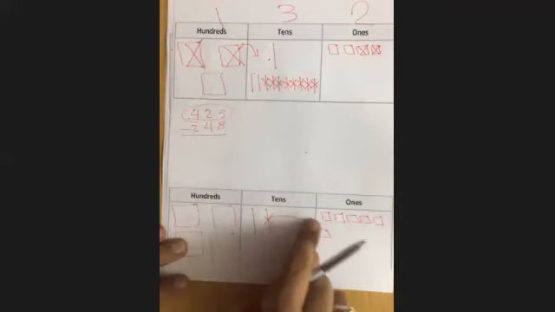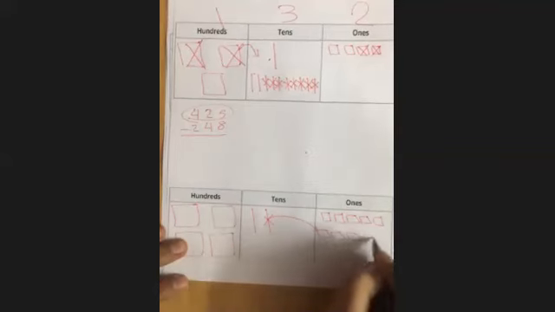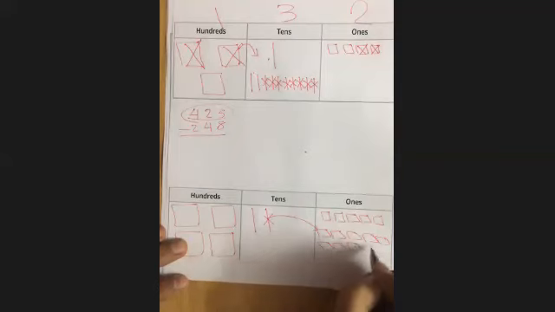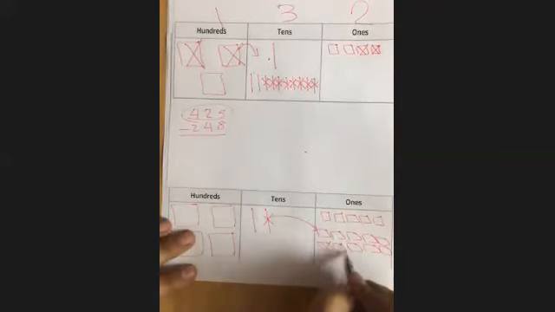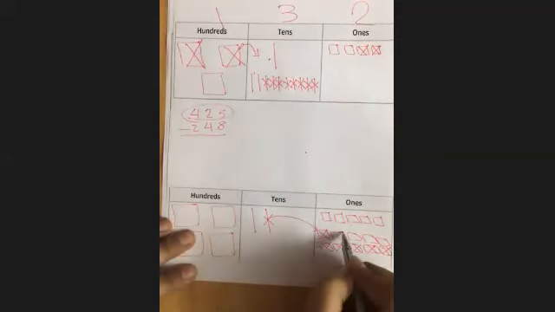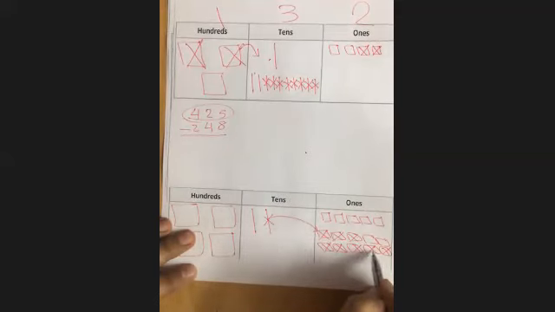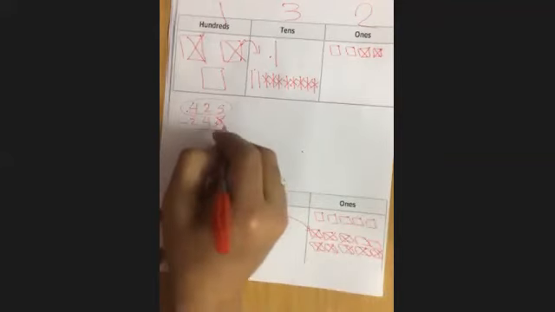He takes 10 from here and adds another 10 squares to cancel 8. Now we are going to cancel 8: 1, 2, 3, 4, 5, 6, 7, 8. Now we cancel 8. We finish the ones.